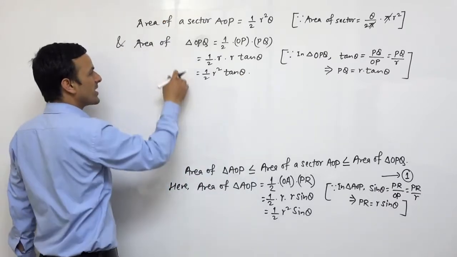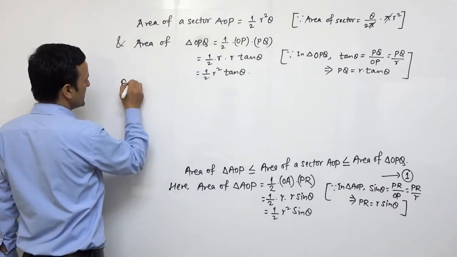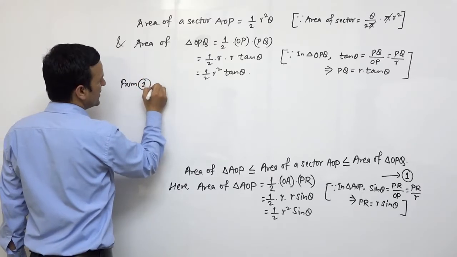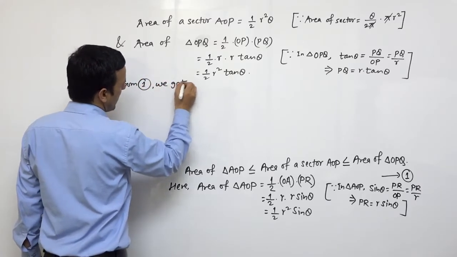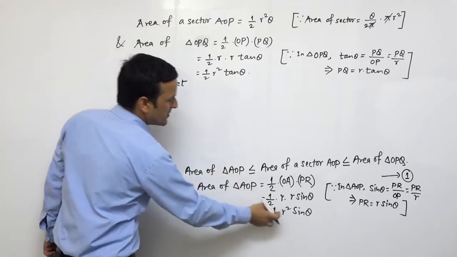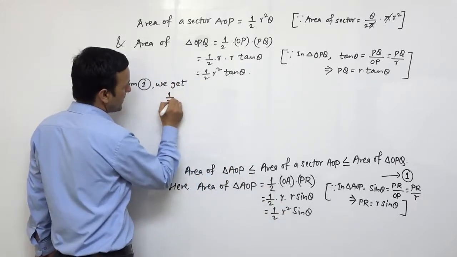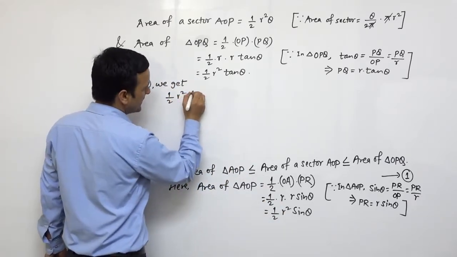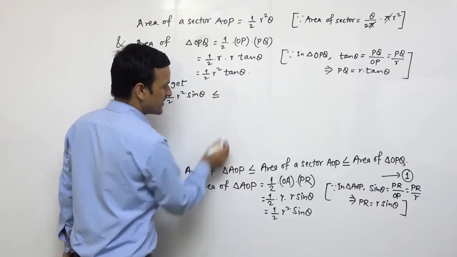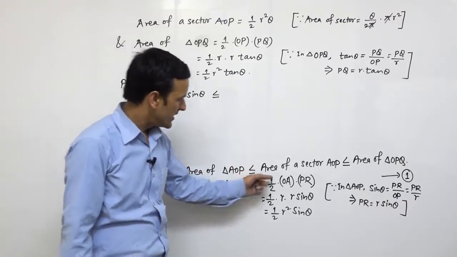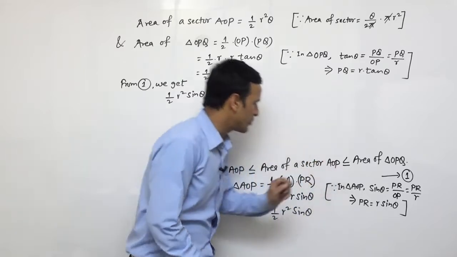So we can insert all the values in equation 1. We get the area of triangle AOP, which is half r square sin theta, less than or equal to the area of sector AOP.